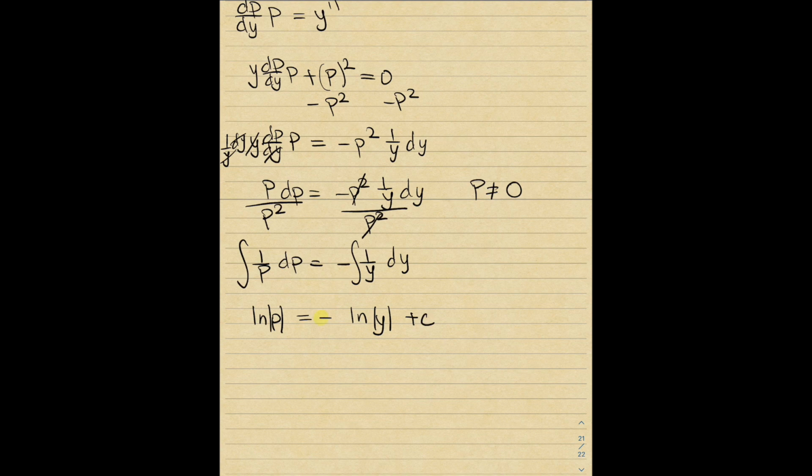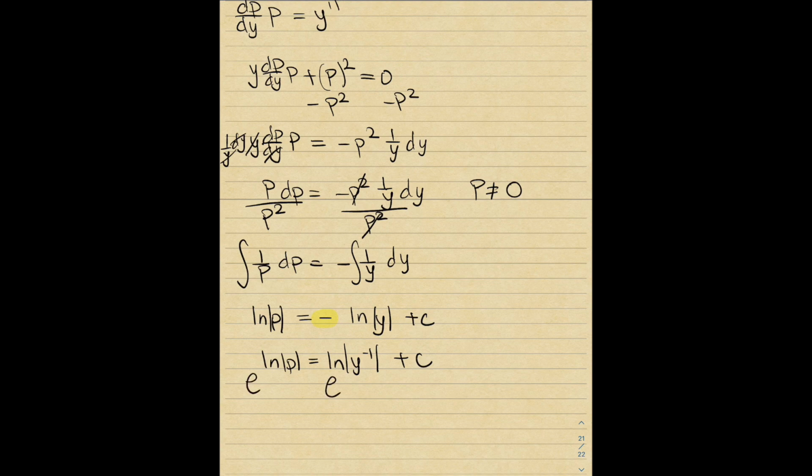So we can move this negative to the ln y as an exponent. So we got ln of y to the negative 1, absolute value, plus a constant, and ln p on the other side. Now we're going to try to get rid of the ln on both sides. So we're going to put e on both sides.